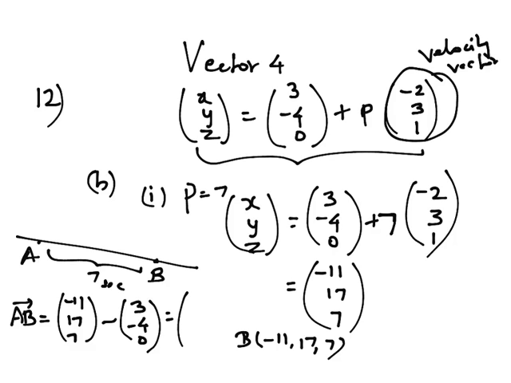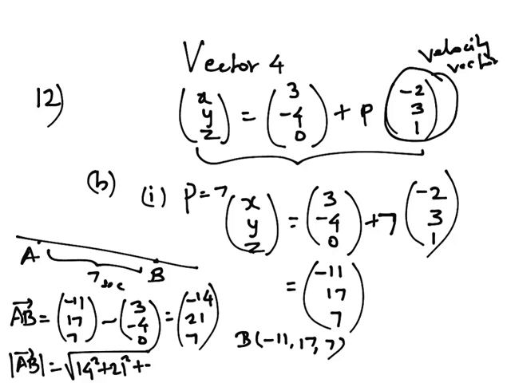So you'll get (-14, 21, 7). So the magnitude of AB, the distance, is the square root of 14 squared plus 21 squared plus 7 squared. You can use the calculator to find the answer. This is the distance traveled by the airplane during the 7 seconds.